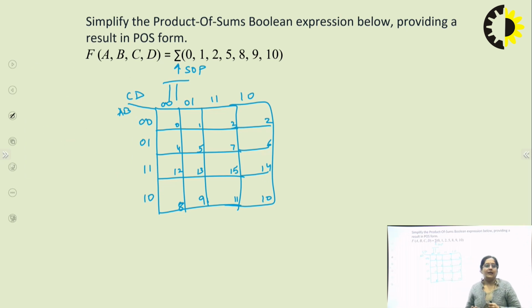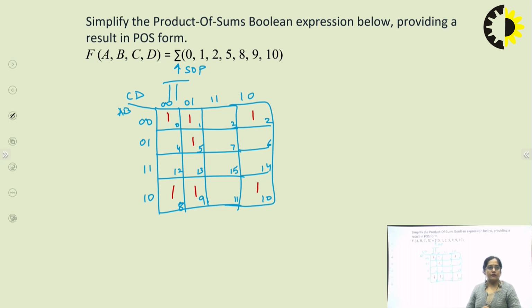Now, as the given expression is in SOP form, this function is valid for these numbers. For 0, the function has valid output 1. For 1, again it is 1. And for 2, 5, 8, 9 and 10. So for these terms our function has true output.